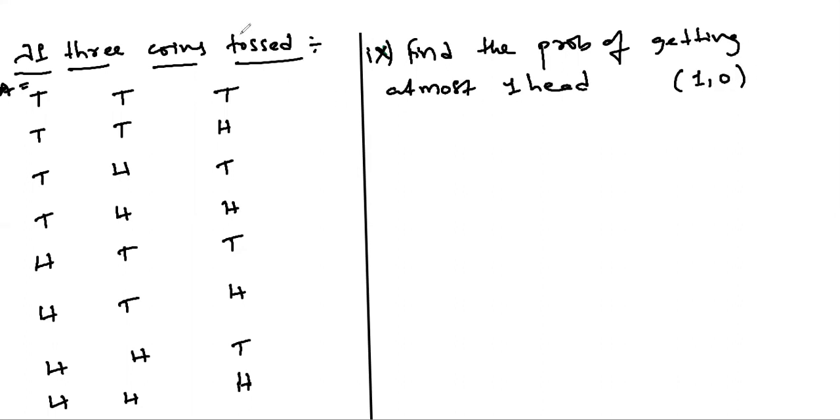So first we'll check the one head. One head, 1, 2, 3, done. And next, no head also you have to take. So P of A is equal to, total is 8. Now what are the possibilities? 1, 2, 3, 4. 4 out of 8 is equal to 1 by 2.